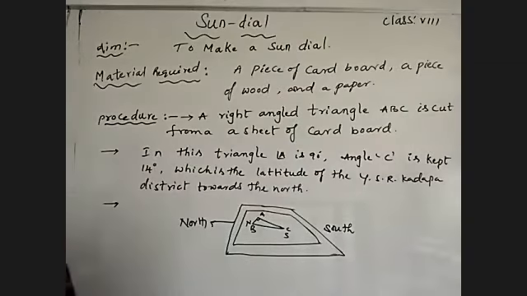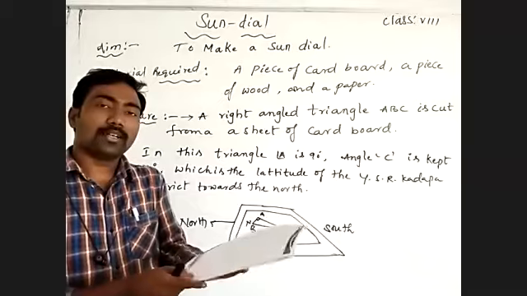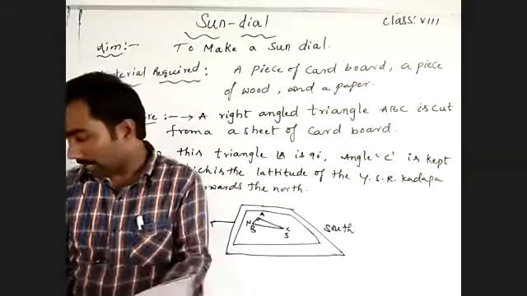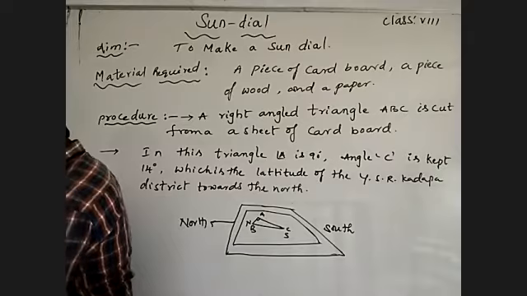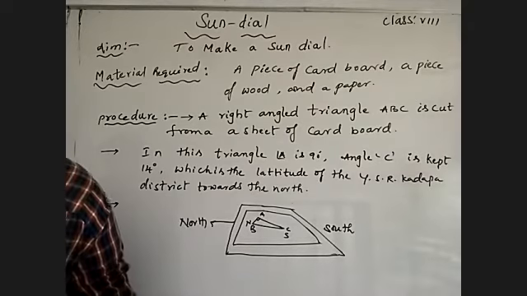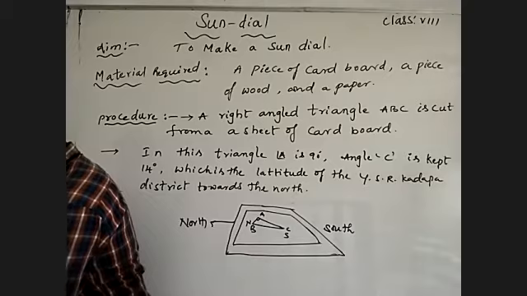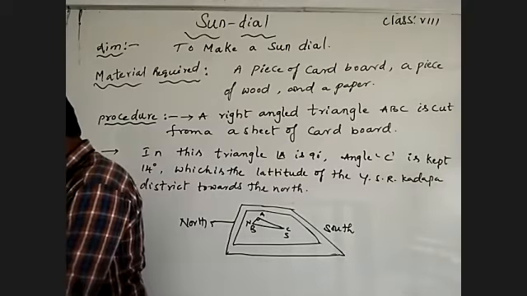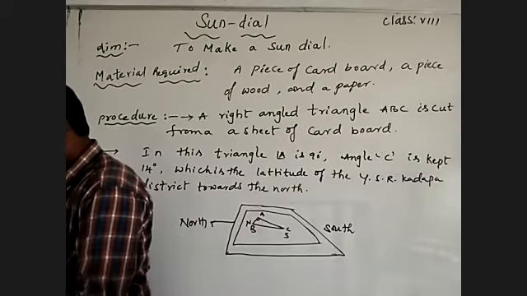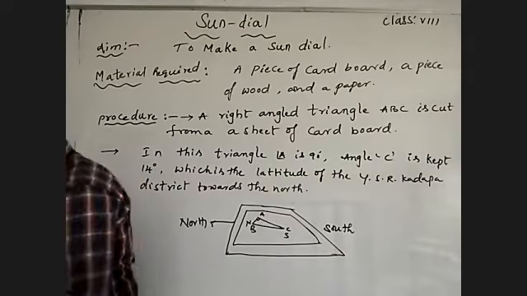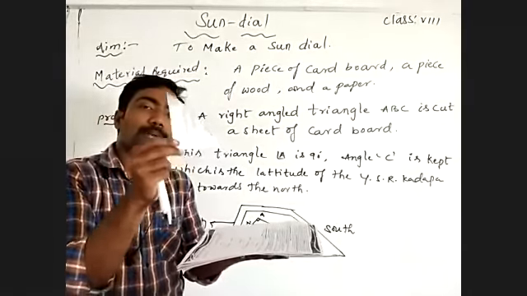Imagine this is a wooden base. On the surface we place a right angle triangle, a piece of cardboard which we made into a right angle triangle.